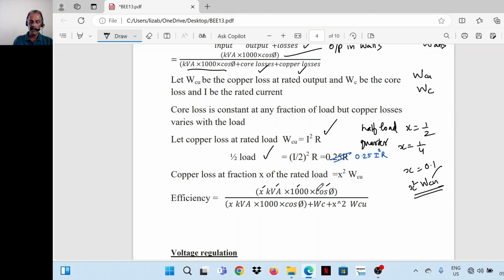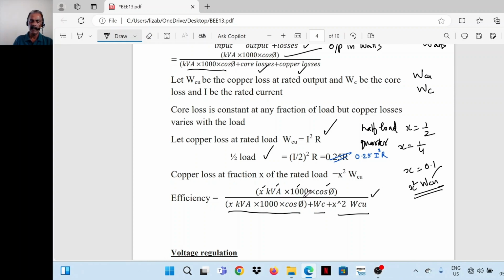So x kVA cos phi into 1000 divided by, this is the output, plus core loss plus copper loss. Because at the fraction x, copper loss is x square into copper loss at the rated load. So this is the final equation for efficiency of a transformer.